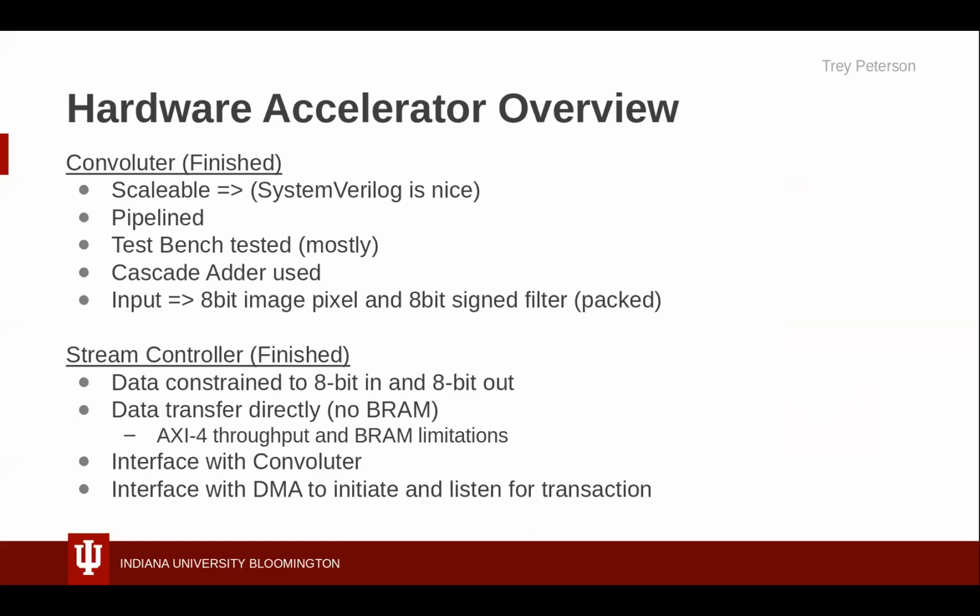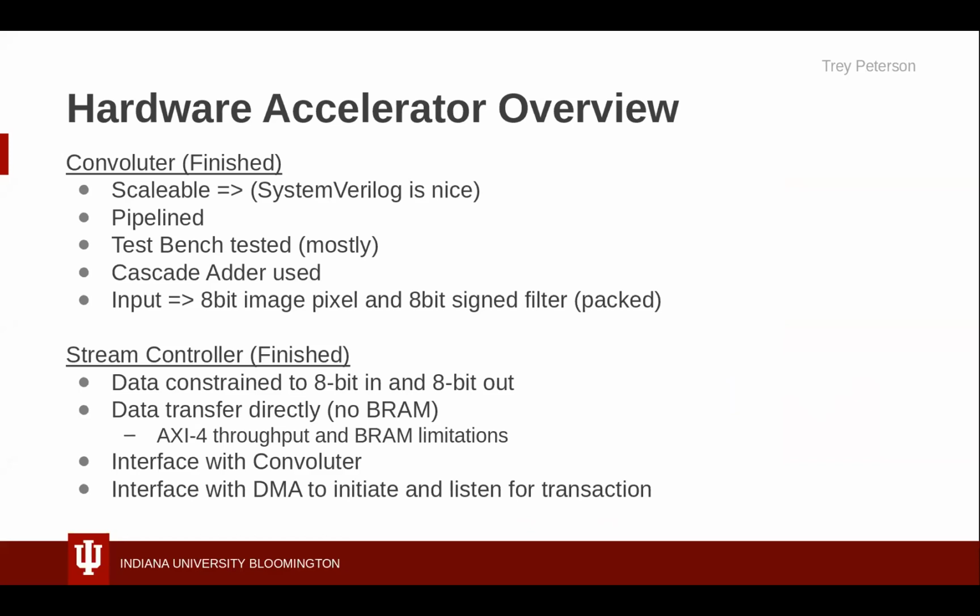So just the overview of what all happened is before we had the convoluter finished, and after that midterm part, we had to implement the stream controller. Just a quick overview: the convoluter is what does the dot product in a cascaded adder, and the stream controller is interfacing with a DMA.